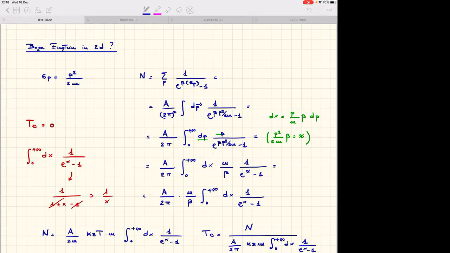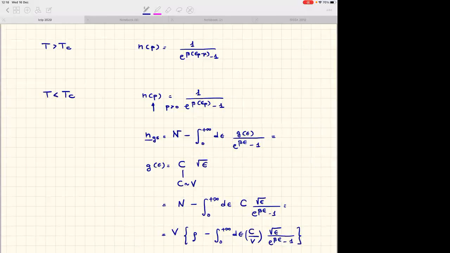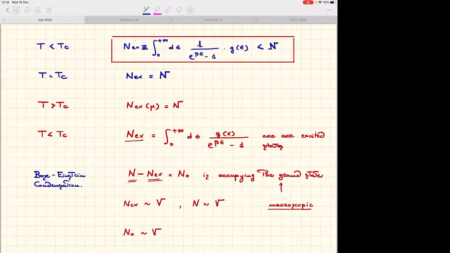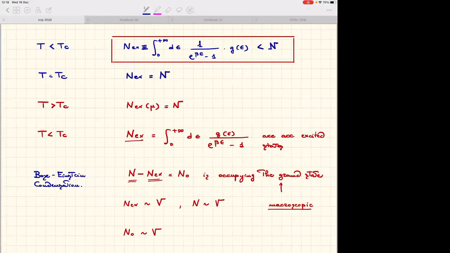Because it cannot be otherwise, right? Mu has to be negative or 0, so for temperature smaller than T_c, you cannot satisfy this equation, this one with a negative or 0 mu.